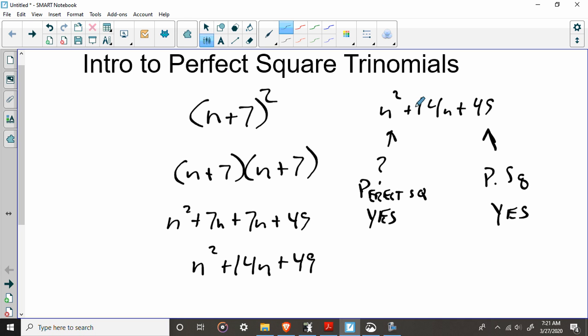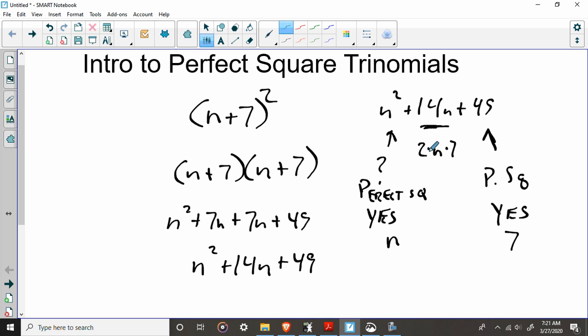Okay? And the last question you have to ask yourself is, when I took the square root of this, it is n. When I took the square root of this, it is 7. Is this middle number 2 times those two numbers?